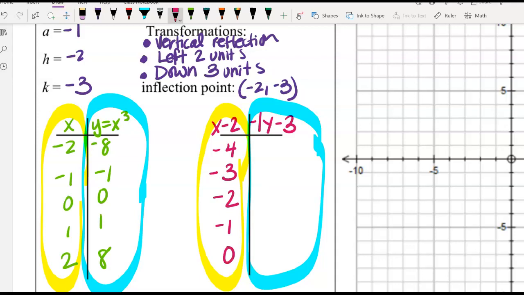Next, negative 8 times negative 1 is positive 8 minus 3 is now 5. Negative 1 times negative 1 is now positive 1 minus 3 is negative 2. 0 times anything is 0, and minus 3 is negative 3. 1 times negative 1 is negative 1, minus 3 is negative 4. 8 times negative 1 is negative 8. Negative 8 minus 3 is negative 11.